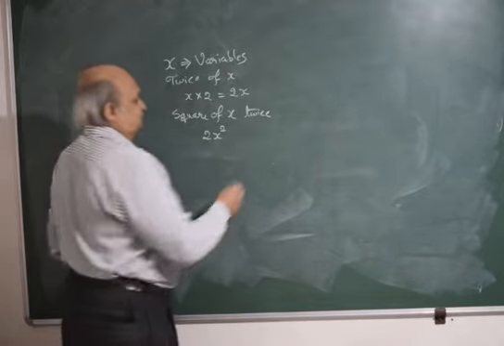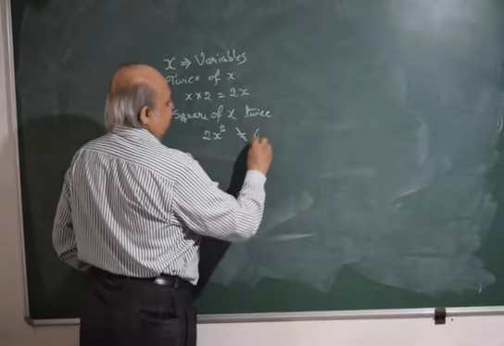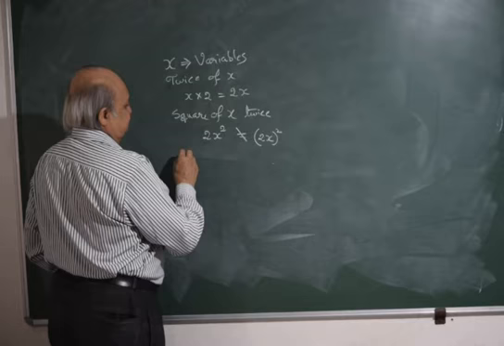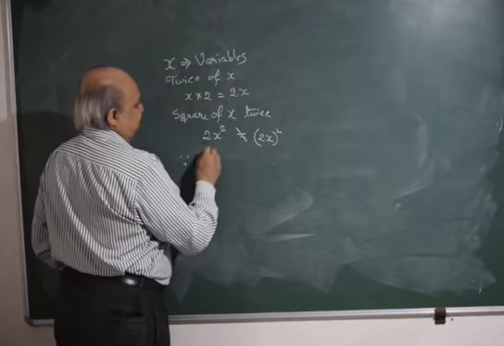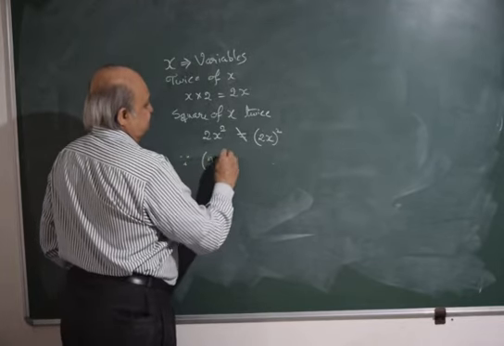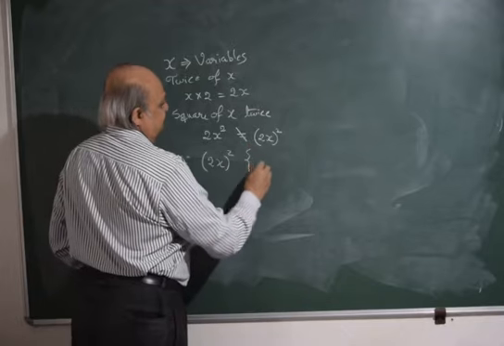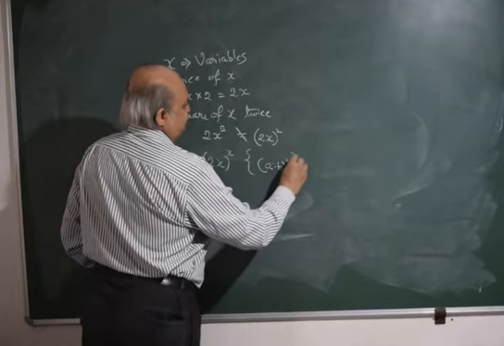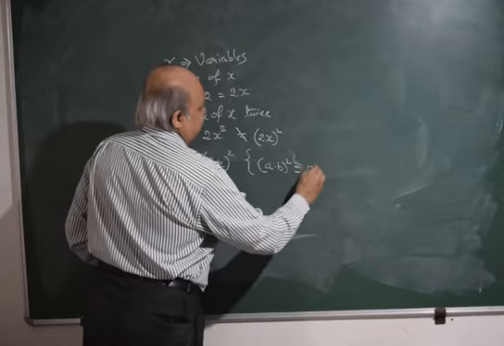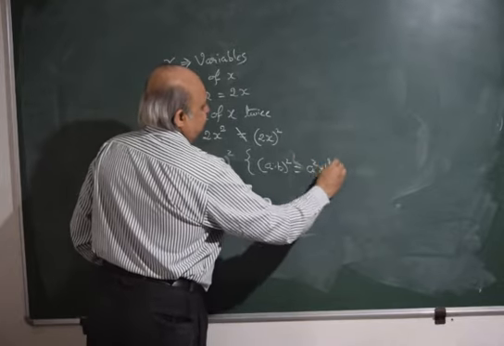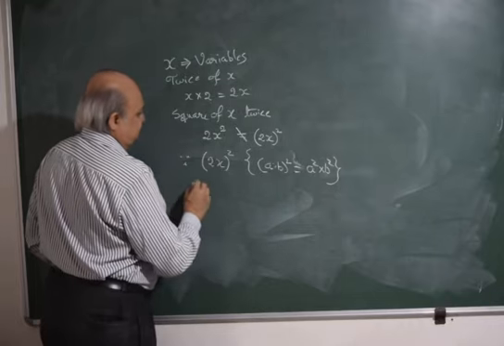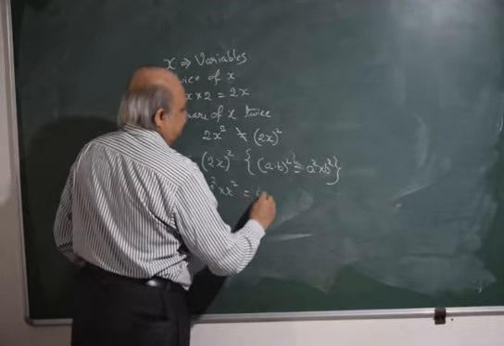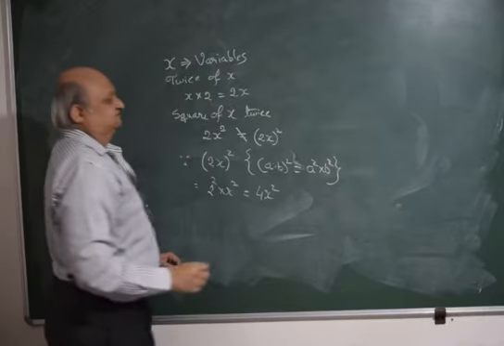Remember, 2x square is not the same as 2x the whole square, because if we take 2x the whole square, then the law applicable is a into b the whole square, which will be equal to a square into b square, and therefore this will become 2 square into x square, and that will be 4x square.